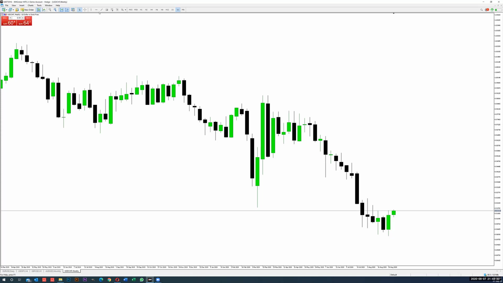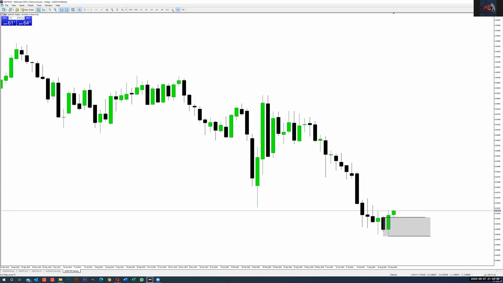So now we've got our last down candle here and the lowest low, the lowest price action on the weekly chart. Then we've got our last down candle here. Now I'm going to highlight it. Inside this range here, this is where you'll be hunting for long trades, in other words, buy trades.